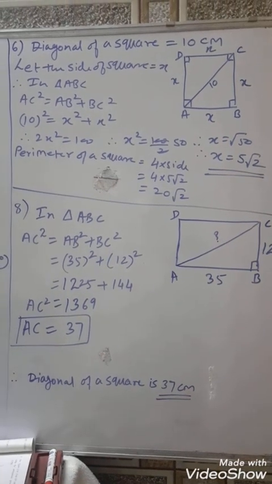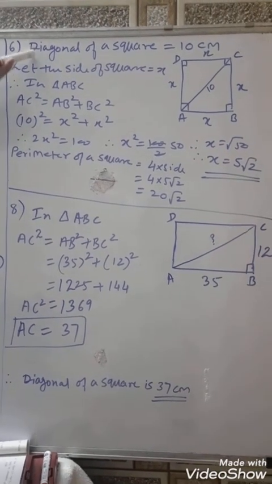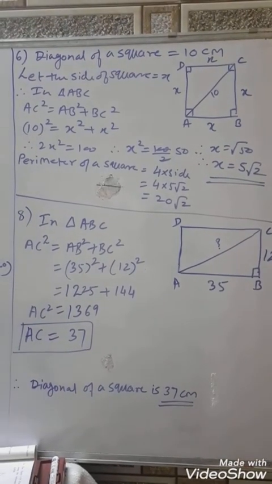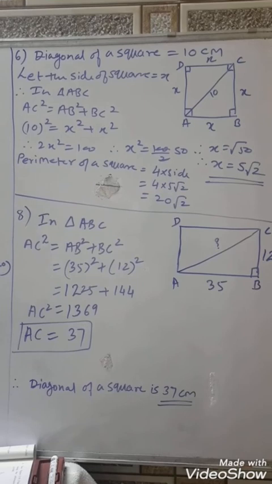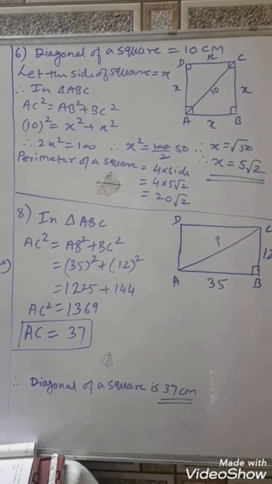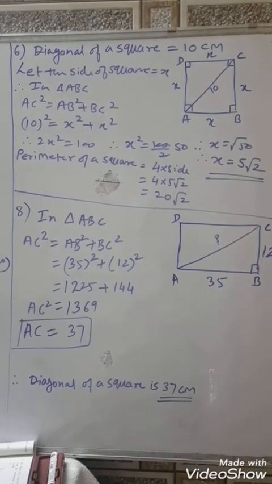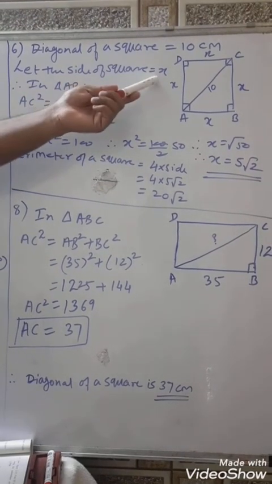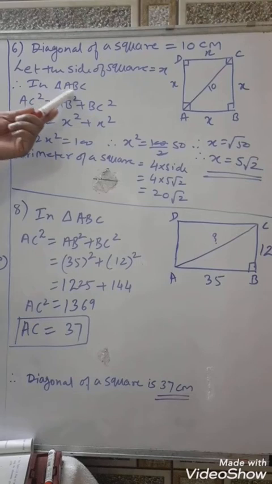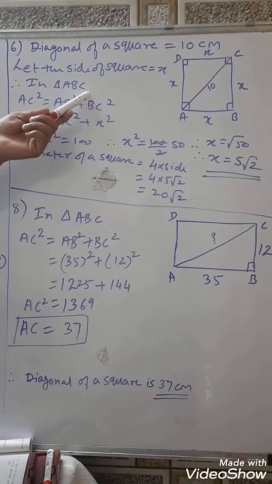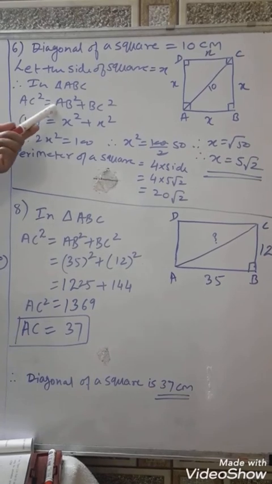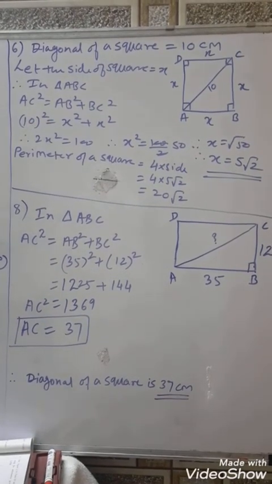Now the sixth one. In the sixth one, the diagonal of a square equals 10 centimeter. It's given. So you have to find the side and perimeter of the square. Now the side of the square is x. So in triangle ABC, AC square equals AB square plus BC square.